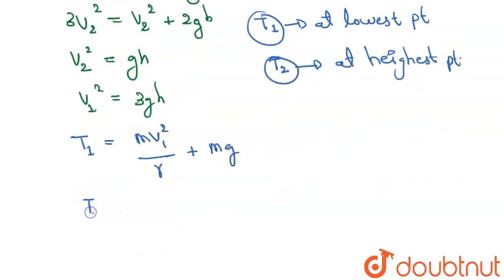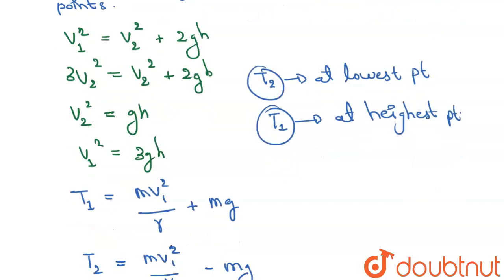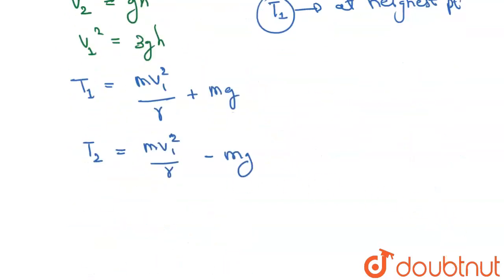And similarly, T2 is equals to mv2 square over r minus mg, since it is in the opposite direction. Okay, so just make a correction. T1 is for the lowest point, we have taken T2 for the highest point. Just make this correction. Okay, so yeah, this will be our equation.